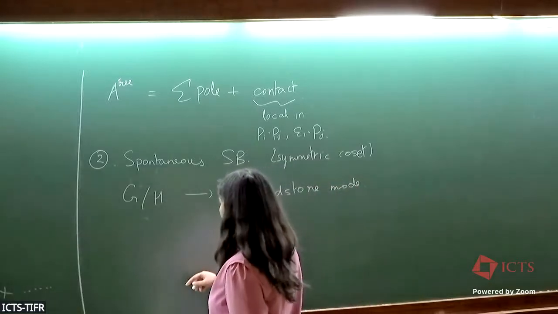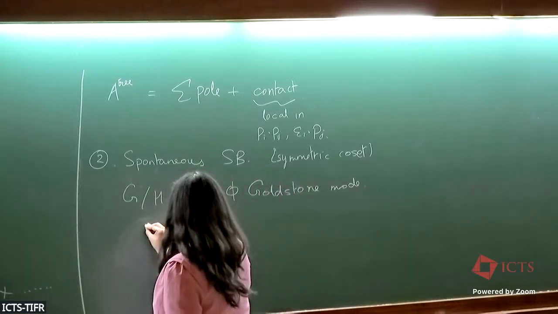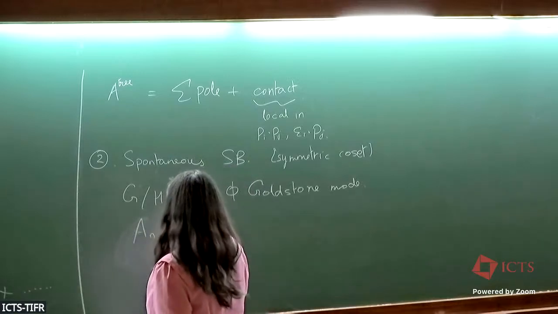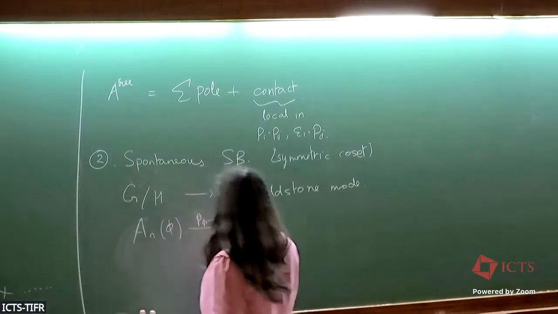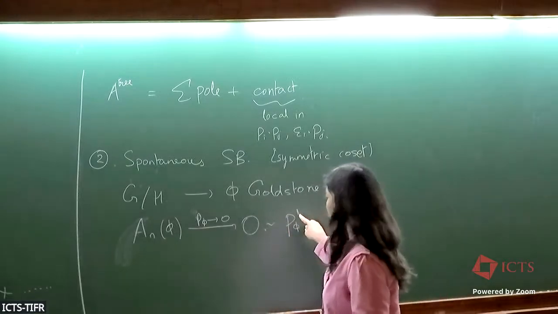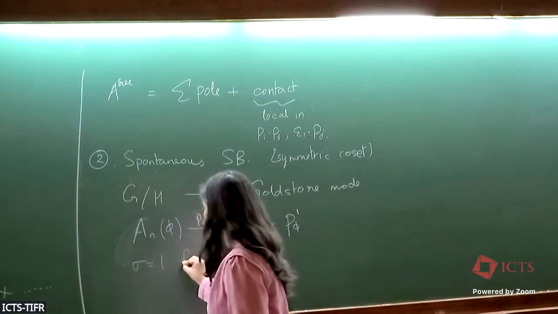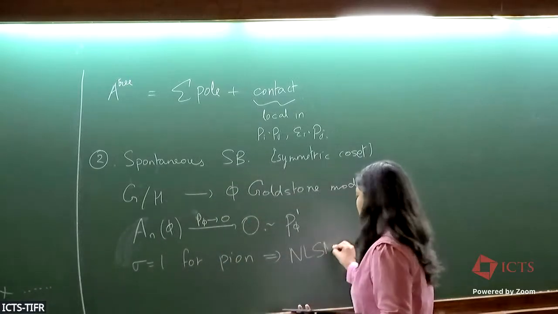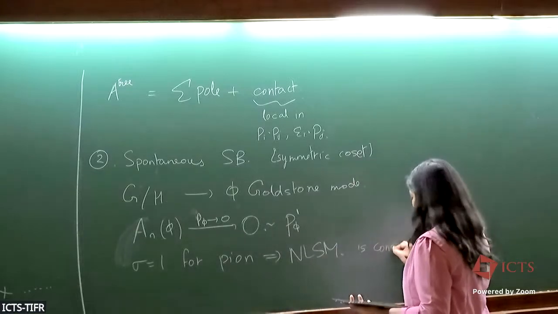For example, a pion for the standard model, SU(3) to SU(2) breaking. Then this A_n of phi, when the momentum related to phi goes to 0, is 0. And actually it's 0 with power 1. So sigma equals 1 for a pion. Which means that using these recursion relations, the nonlinear sigma model of such pions is constructible, or recursible.